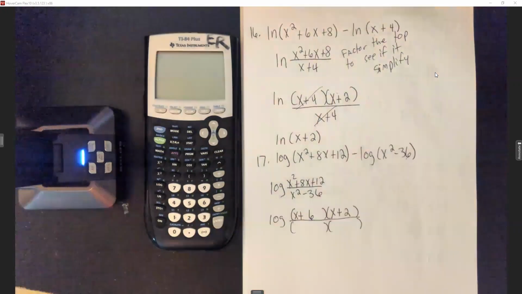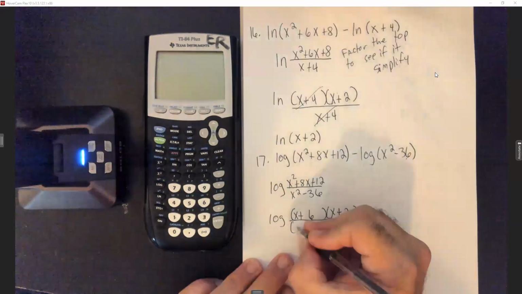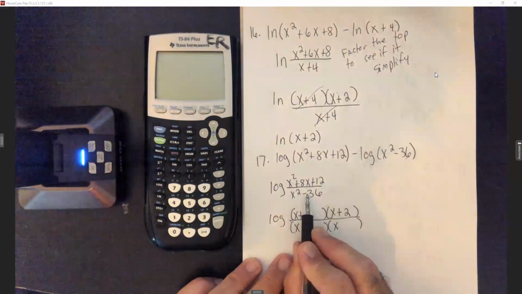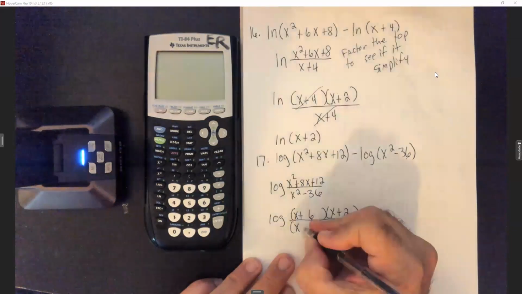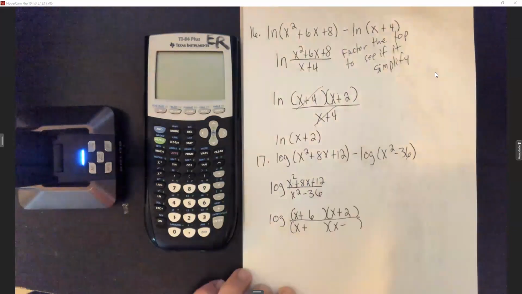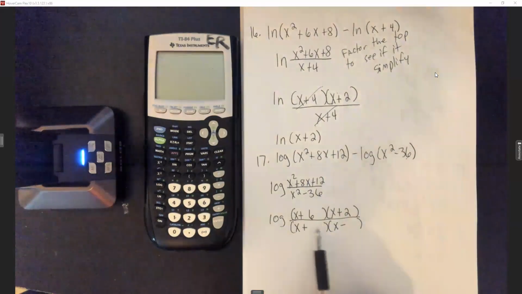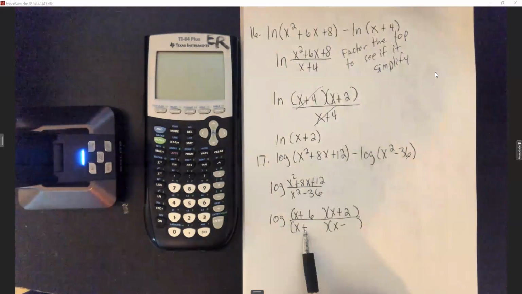Right, 4 and 3 equals 7, 12 and 1 equals 13. So the only ones I could use was the 6 and the 2. The bottom, you got an x squared, so that's an x and an x. The last number is negative, so one's positive, one's negative. So I can tell the only factor that's going to cancel is this positive one. Either it's going to be a positive 6 or it's going to be a positive 2.